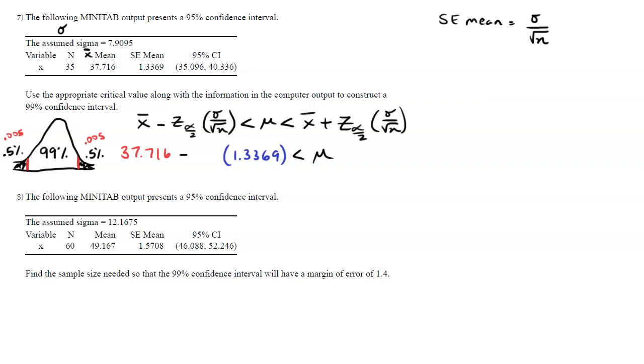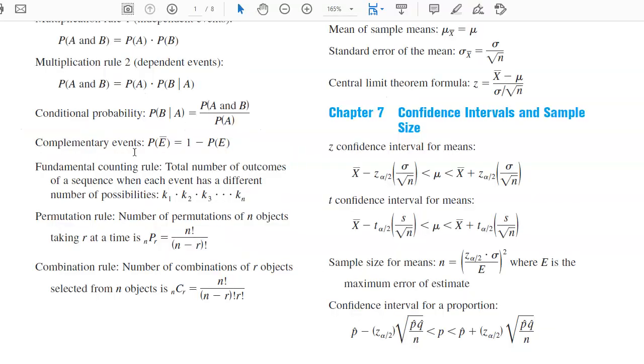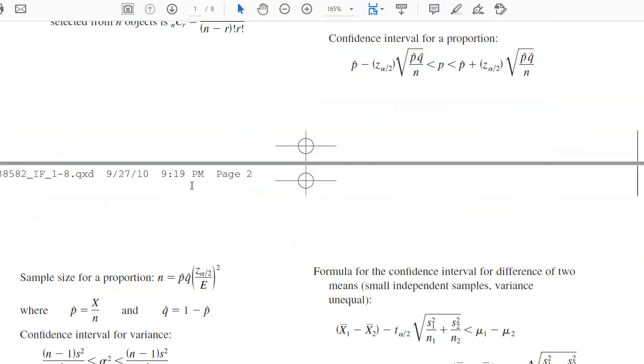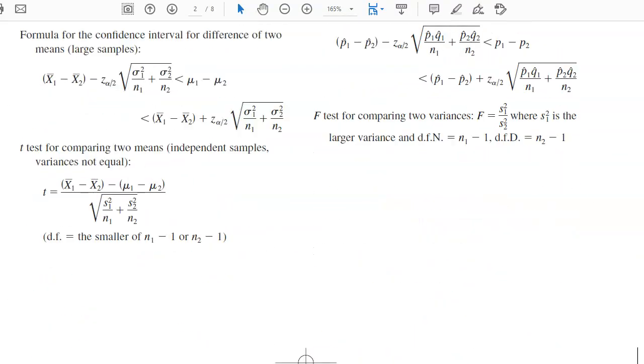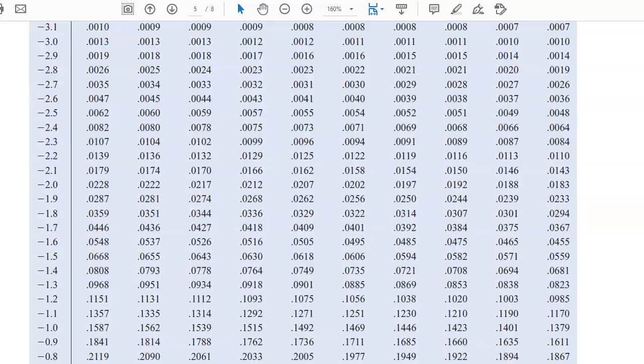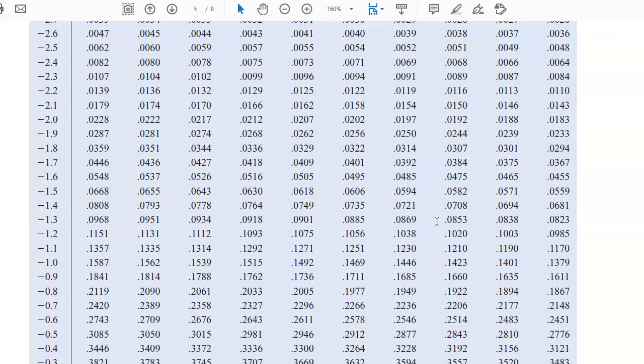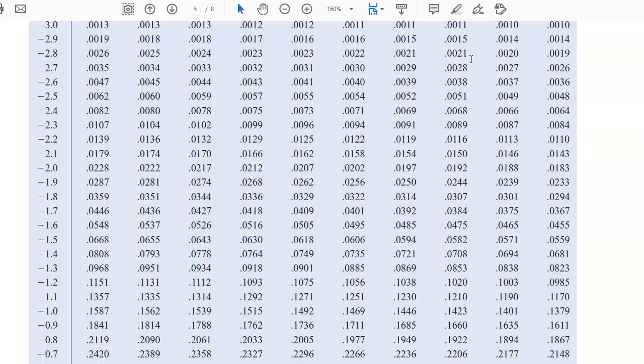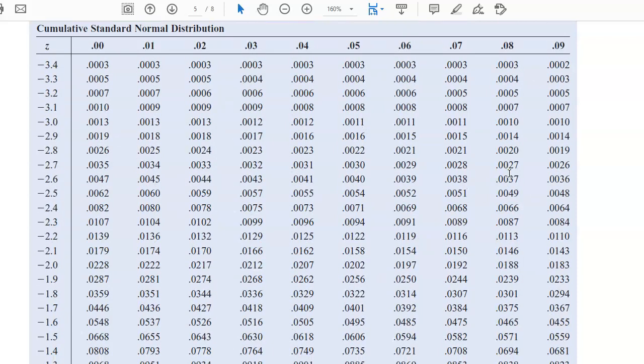Sorry, wrong place. Go down to the Z distribution table and find as close as we can get to 0.005 in here, and it'll probably be between these two values. So negative 2.58 if we're rounding, right? That's the longer way to do this.